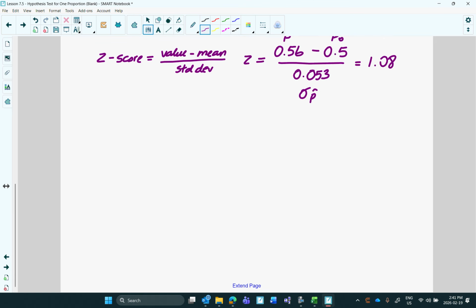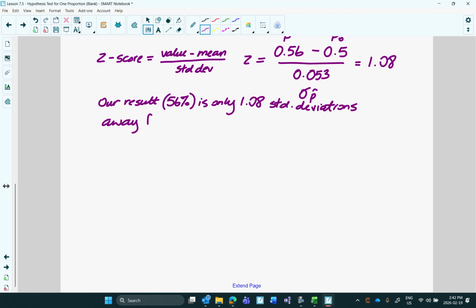So just to explain this, our result, 56%, is only 1.08 standard deviations away from the mean, or in this case, away from the null value.